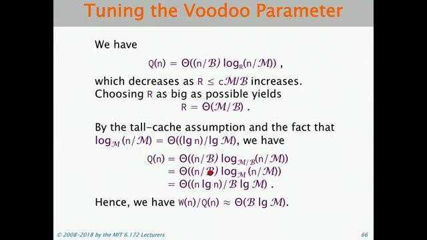Then you can rearrange some terms and cancel some terms out, and we end up with theta of n log n divided by B log M. So we're saving a factor of theta of B log M compared to the work of the algorithm, whereas for the binary version of merge sort, we were only saving a factor of B for large enough inputs. So here we get another factor of log M in our savings.